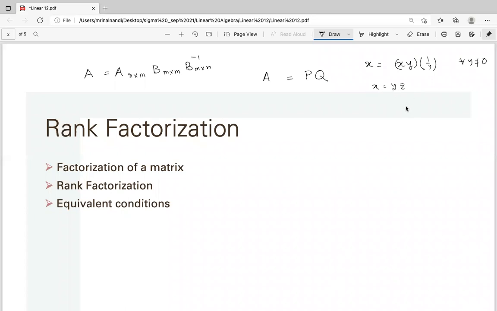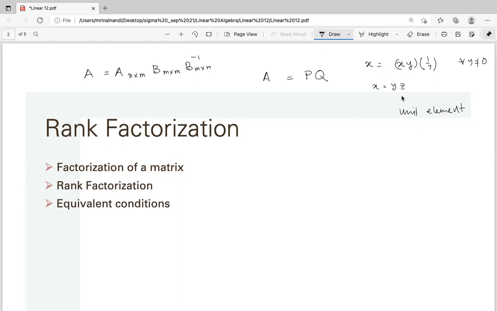If some element in a ring has an inverse, we call it a unit element. Then you can always write x equal to xa into a inverse. So this factorization is not desirable actually.